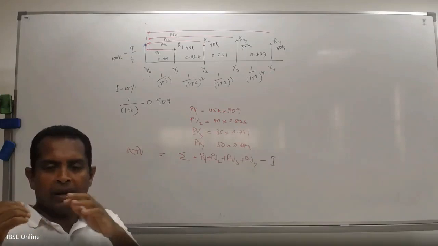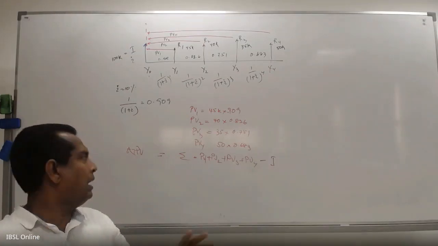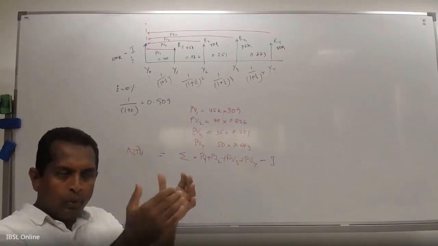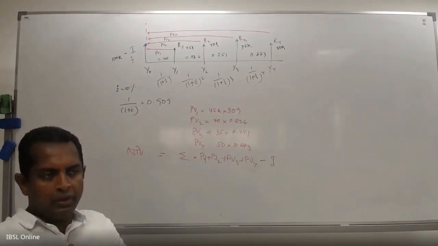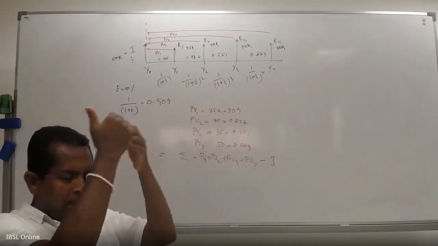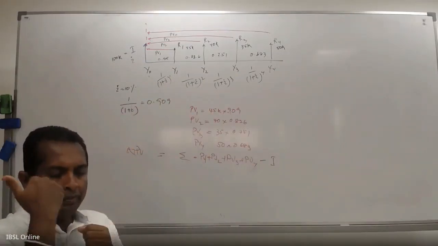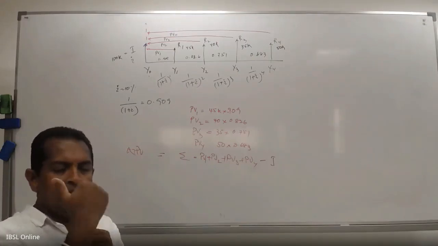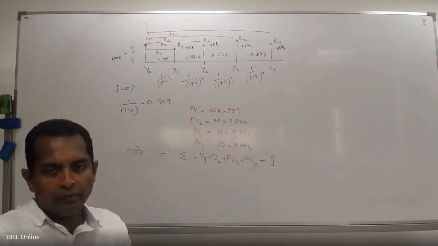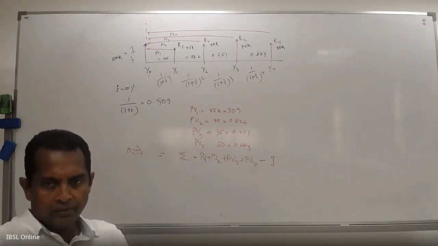Once you multiply that with the discounting factor and bring down here, you have the total present values as per today. Total present values of the future cash flows. Then you subtract the initial investment from the present values of the future cash flows.